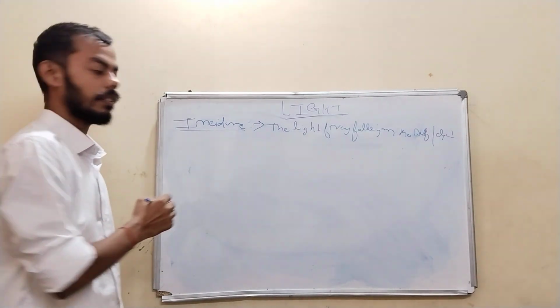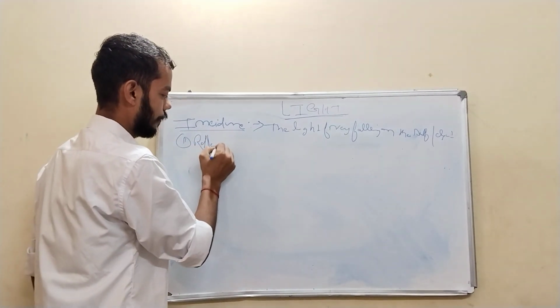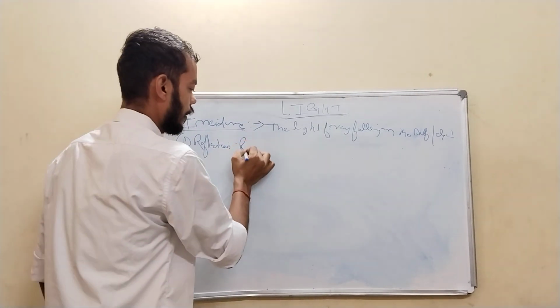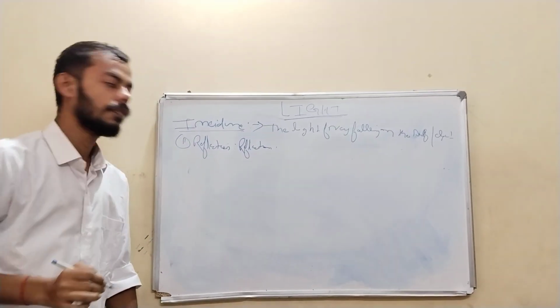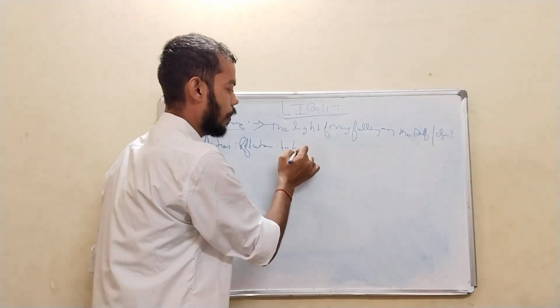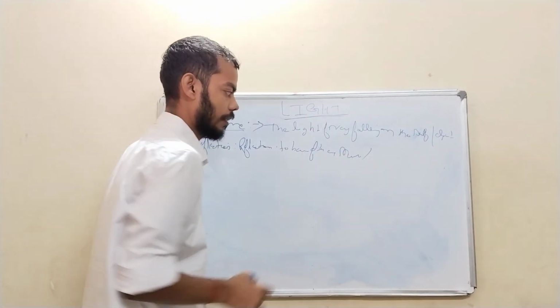This is defined as the incidence. The second one is reflection. Reflection is defined as the property of a light which tends to bounce back after striking a reflecting surface.